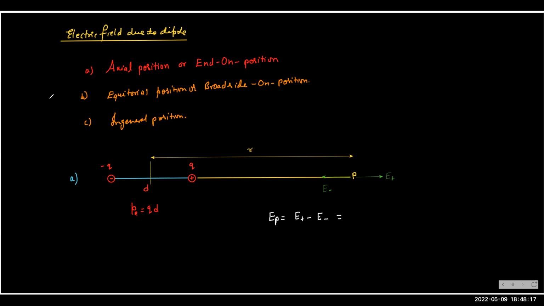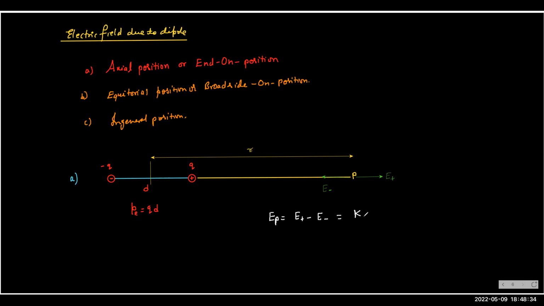Sir, in the denominator I had gotten r square minus d square by 4 whole square. So is there any approximation involved? No, no, no. Right now, no approximation.